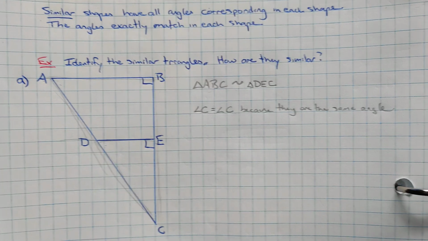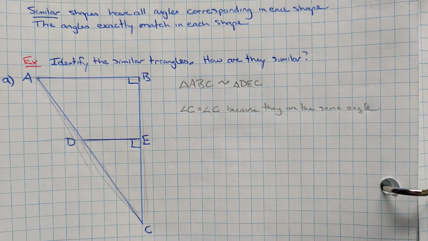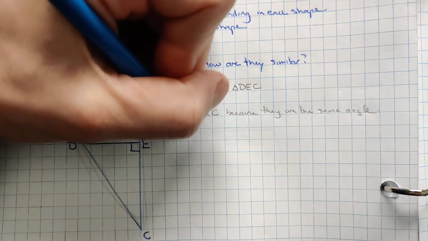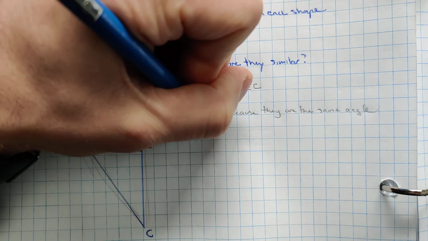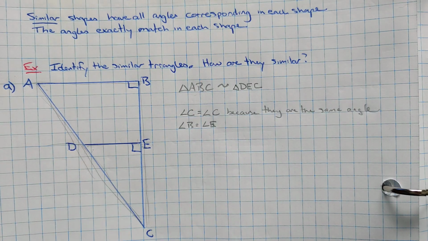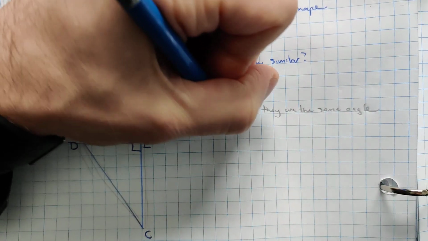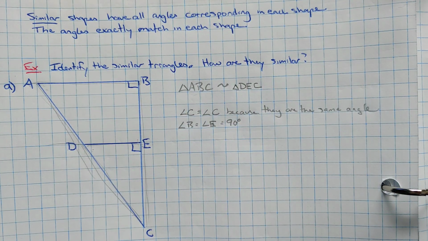It's just this one angle. B and E: angle B and angle E are the same because they both equal 90 degrees, as noted.